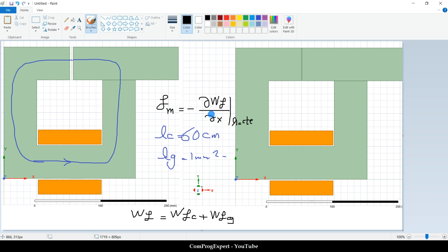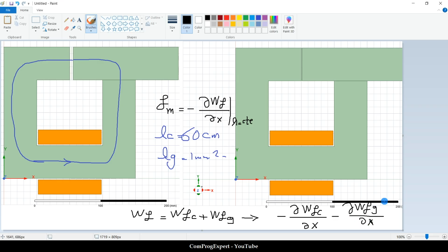So when we take the partial derivative for calculation of the force, we have these two derivatives: derivative of the energy in the core with respect to x minus derivative of the energy in the air gap, right, with respect to x.